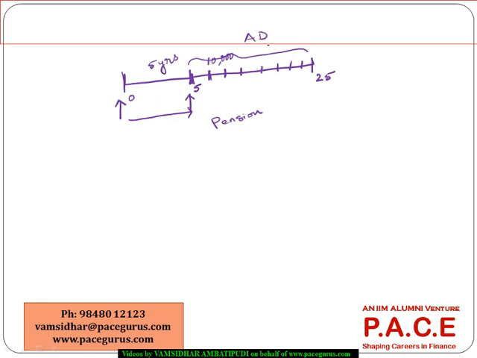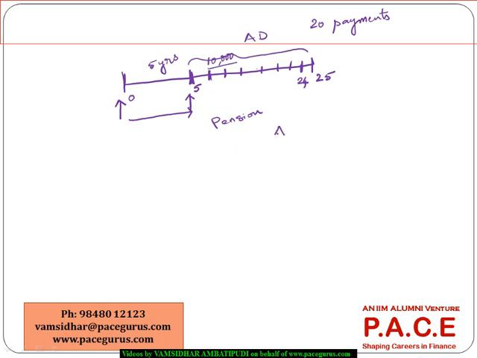Assuming instead of 25 here, I am saying 20 payments have to happen, 20 payments of pension of 10,000. So if I am looking at it starting from year 5, probably at the end of year 24, the entire payments are over, right? So here it looks like an annuity due.